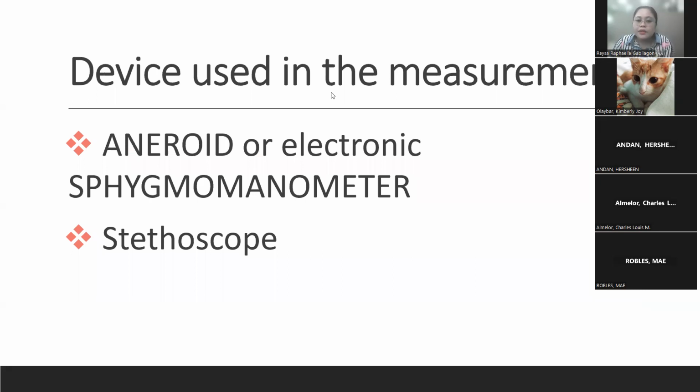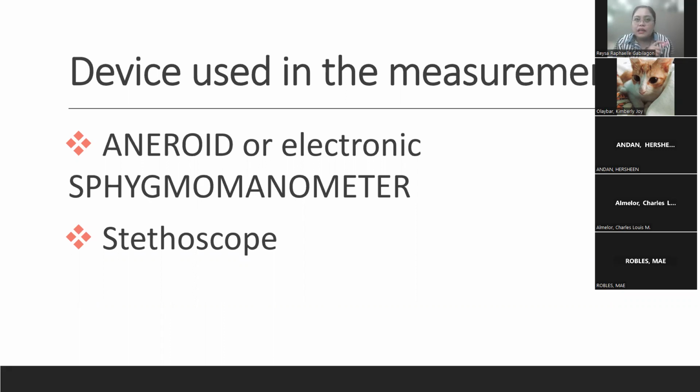Okay, now how about the device we use in the measurement of our blood pressure? Yung ginagamit talaga natin, it's the sphygmomanometer. Pwedeng aneroid, yung manual, and then yung nagamit na mostly ngayon is the electronic one.